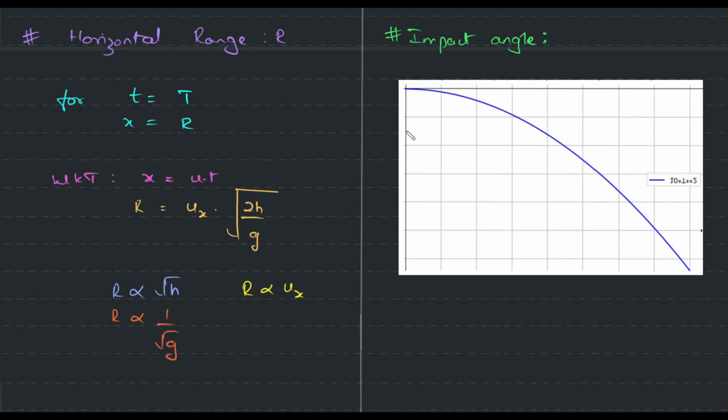One more aspect about all of this is the angle at which the object hits the ground, or in general, what is the angle? Let me explain what it means. I threw an object. The object is over here. So it makes an angle, that is the velocity vector over here.